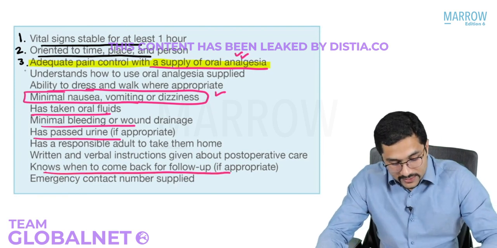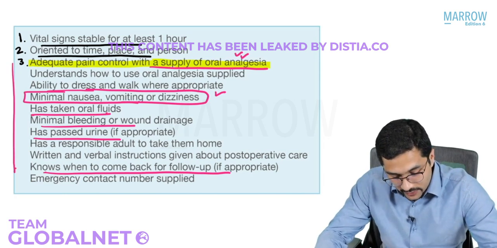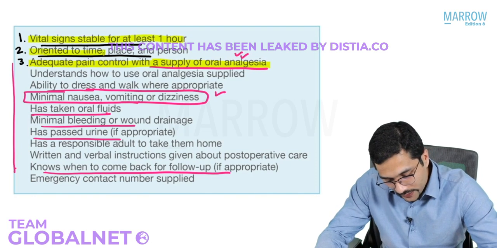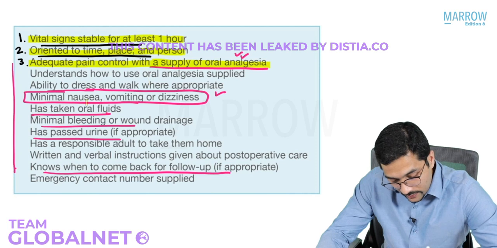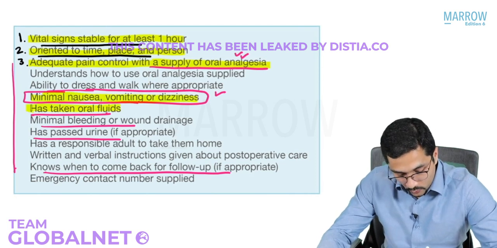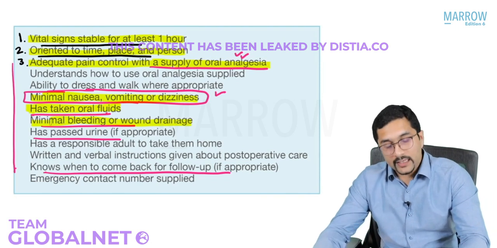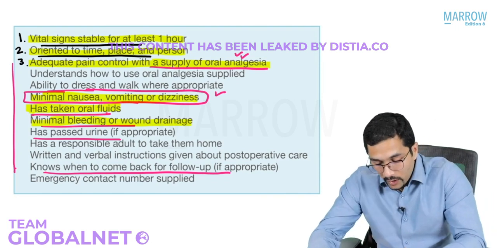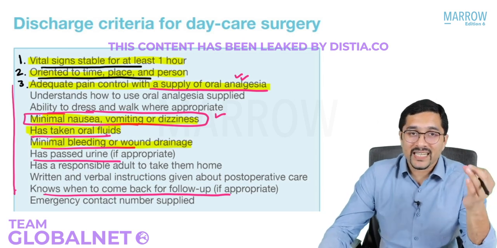Okay, so these are some of the criteria which you should remember, especially the ones which I'm highlighting. So vitals stable, oriented to time, place, and person, adequate pain control, minimal nausea, has taken oral fluids, minimal bleeding or wound discharge. These are some of the criteria which you should remember. Only when these criteria are met do we discharge a daycare patient.